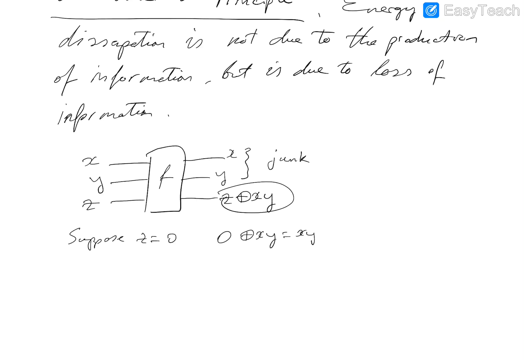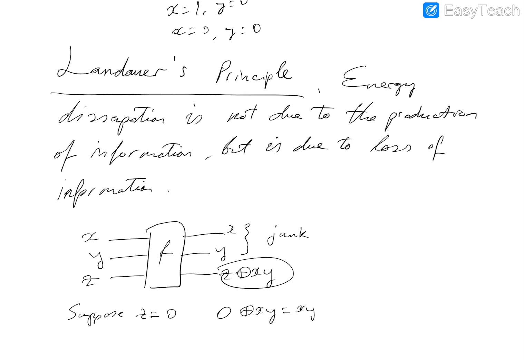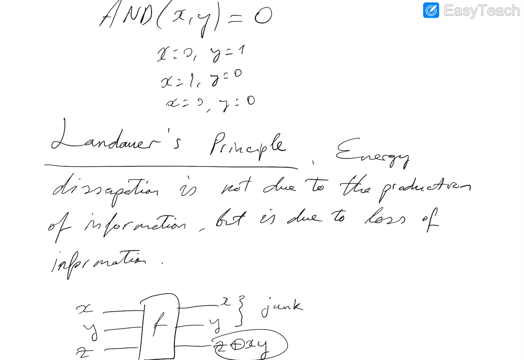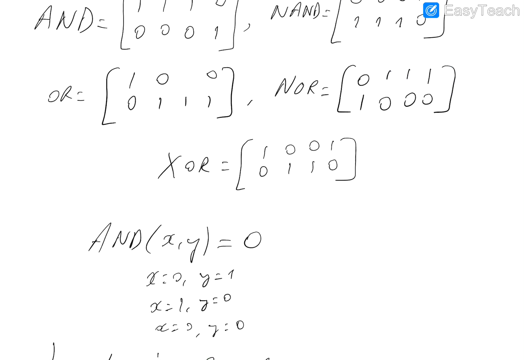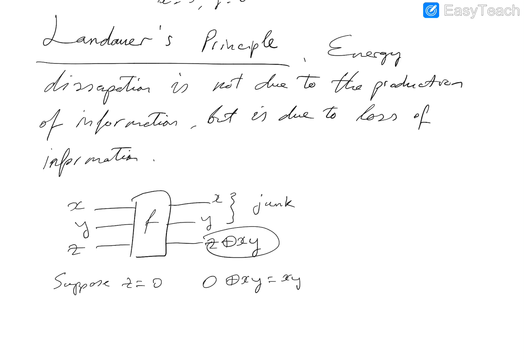Now, as I said, the AND function, or OR function, or other logical gates, except NOT, are not reversible, right?